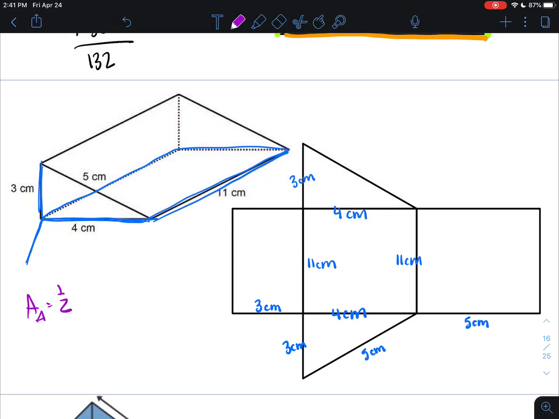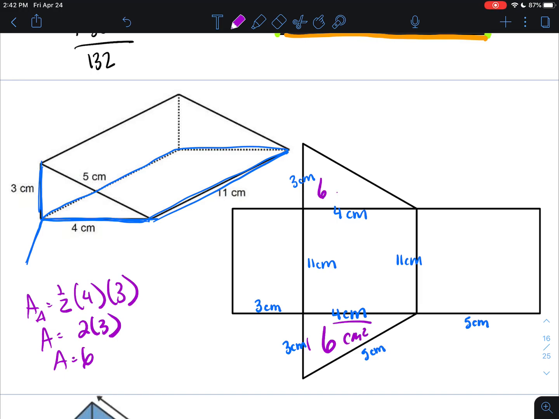Area of the triangle would be 1/2 times the base of 4 times the height of 3. I think it's the same as the last one. So 2 times 3 ends up being 6. So 6 square centimeters, 6 square centimeters.